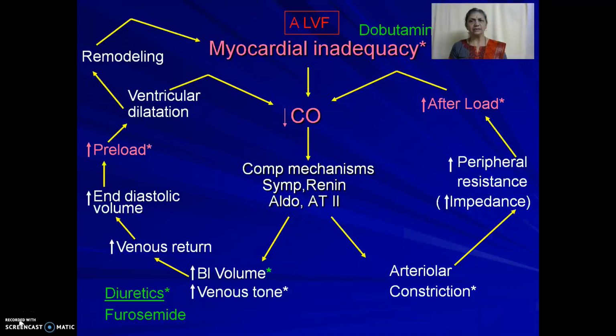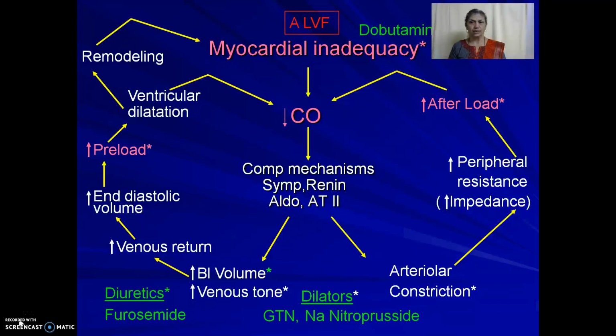And the dilators which are used in acute LVF are GTN or, if required, sodium nitroprusside. GTN can reduce only preload because it is predominantly a venodilator, and sodium nitroprusside can reduce both preload and afterload because it dilates both veins and arterioles.